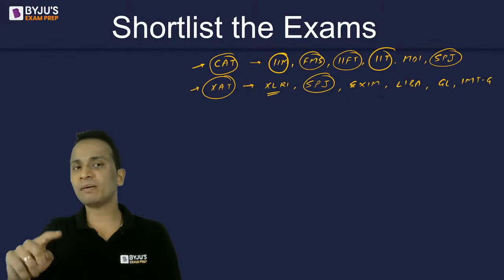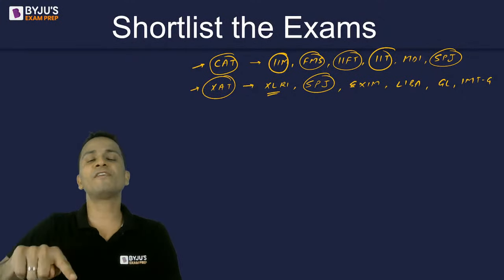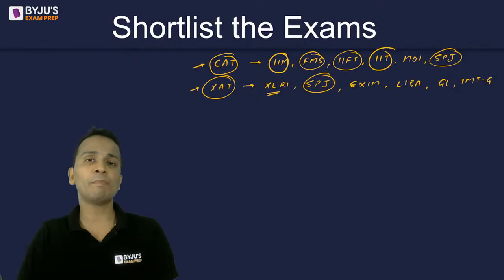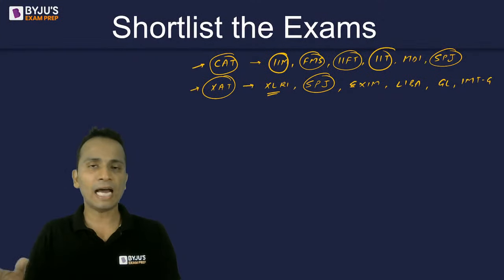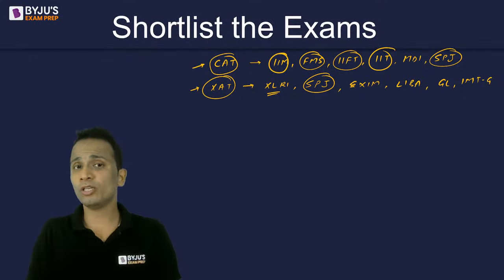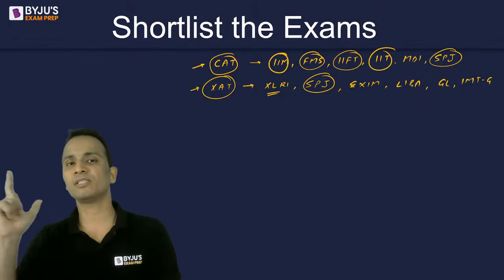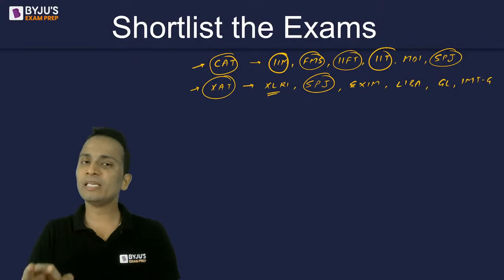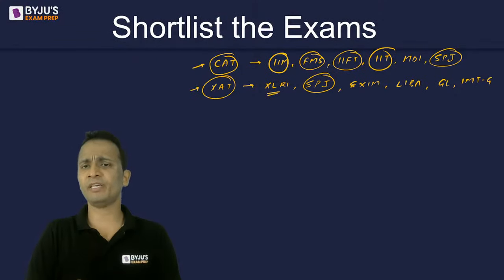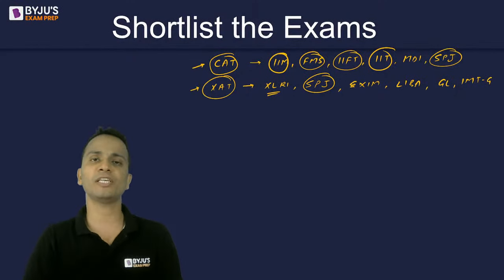There will be some other colleges whose deadline will fall after the CAT examination but before the result. And the third category of colleges will be those colleges whose deadline for application will fall after the results are out. Generally, the good colleges like FMS, MDI, SPJain, they have their deadlines before the examination is conducted.